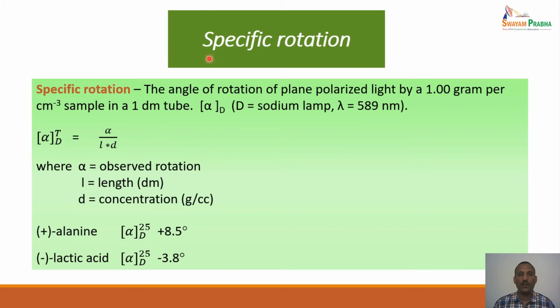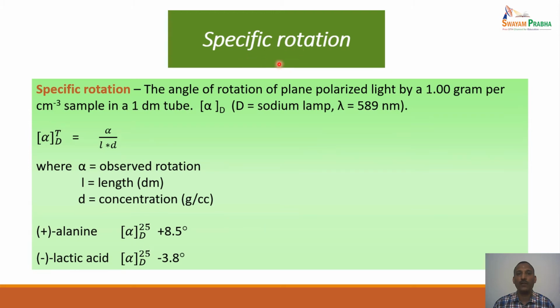So next term is a specific rotation. So if we say simply optical rotation of a compound is X, then different people using different colored wavelength and different solvents, all this will give different readings when we use the polarimeter.